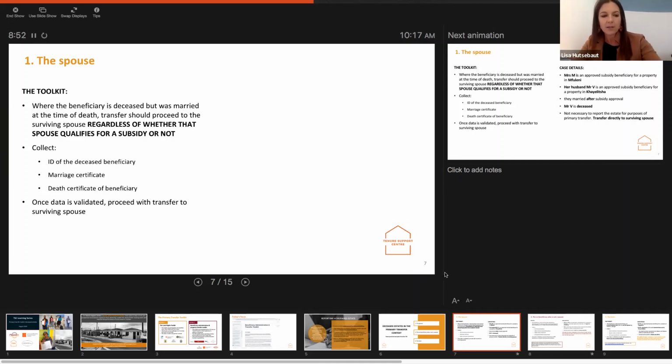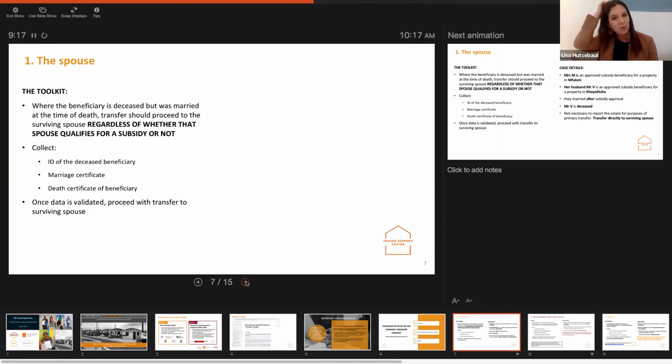If you have a look around on the toolkit, there is a whole section dealing with what's called the core transfer process. It's a standard conveyancing transfer process from state to beneficiary. There's nothing unusual or magic about it. And that is the process that can be followed.